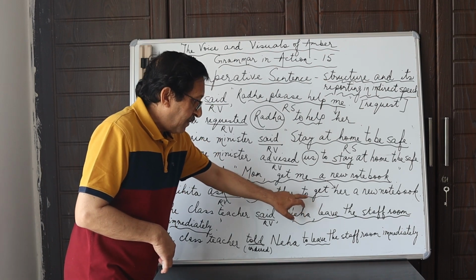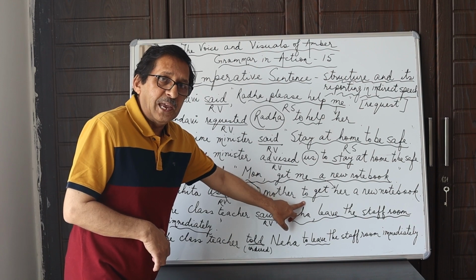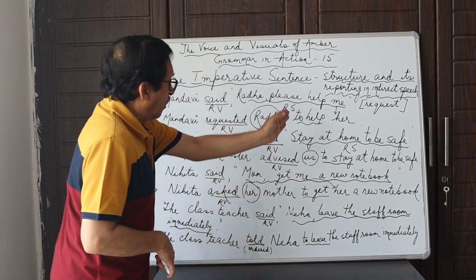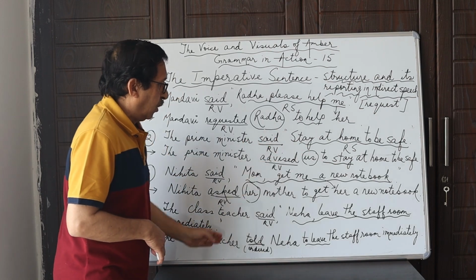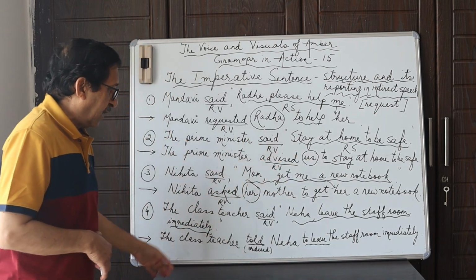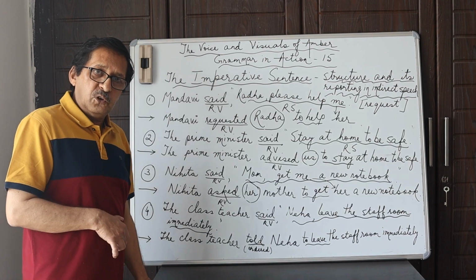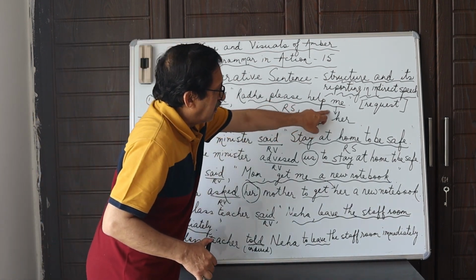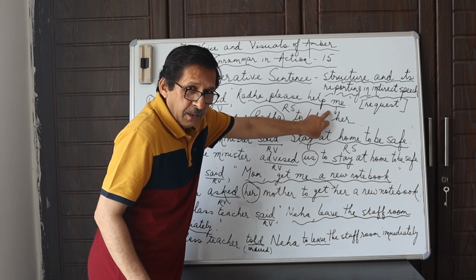But here, the verb will just be the same. It will be the use of the infinitive always: to help, to stay at home, to get her a new notebook, and to leave the staff room immediately. So it's easier. We just have to make certain changes in the pronoun.